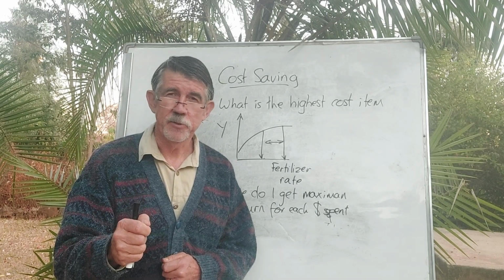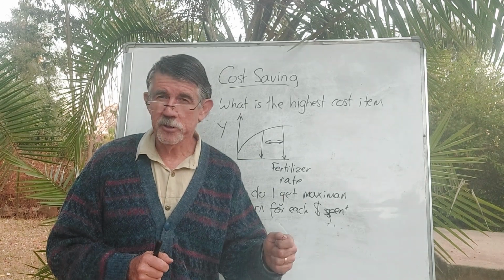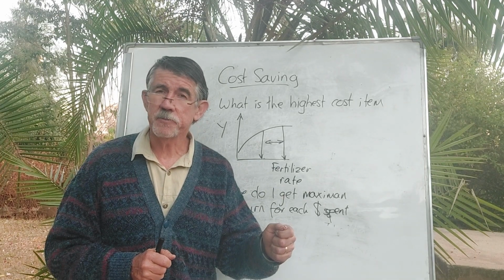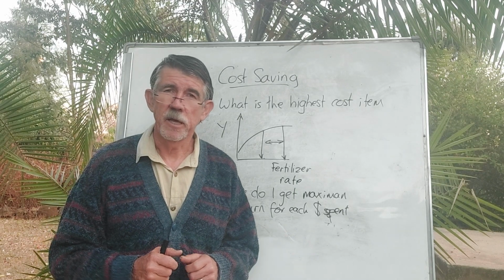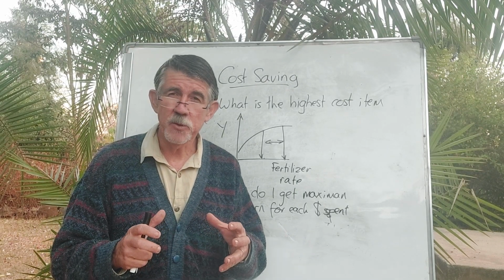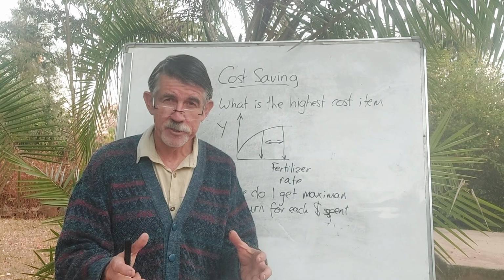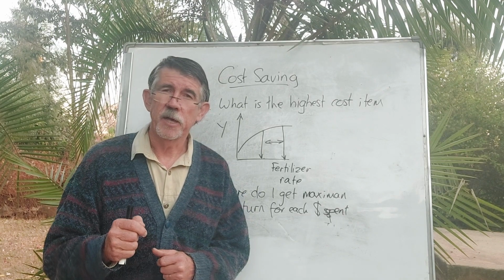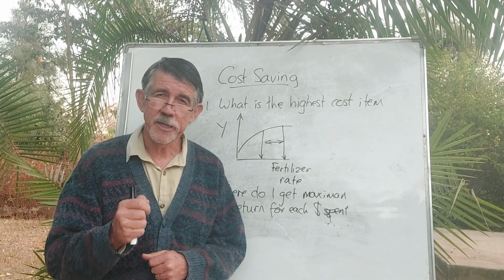Is it fertilizer or is it irrigation? Is it weed control in the early stages of my maize crop development? Is it improving the way I feed my animals so that it's more efficient and less loss? Where can I spend money to get the best return?